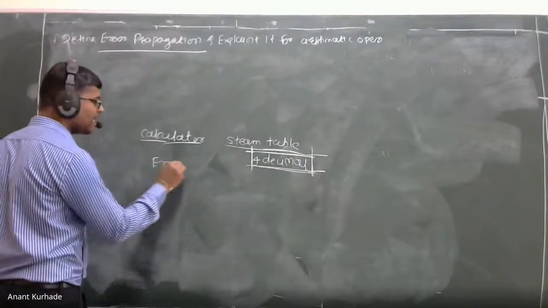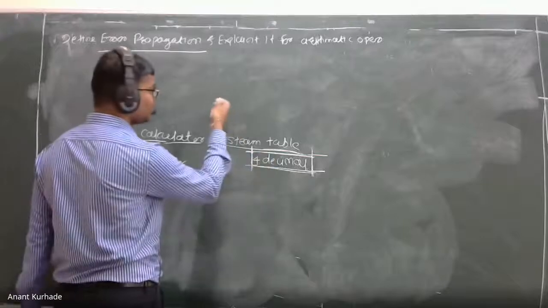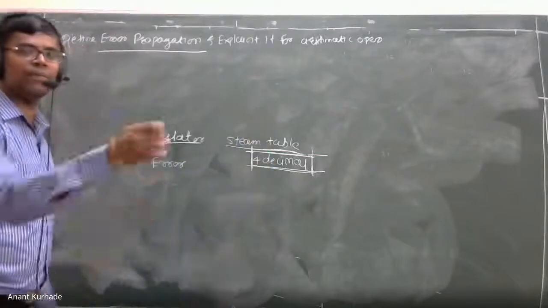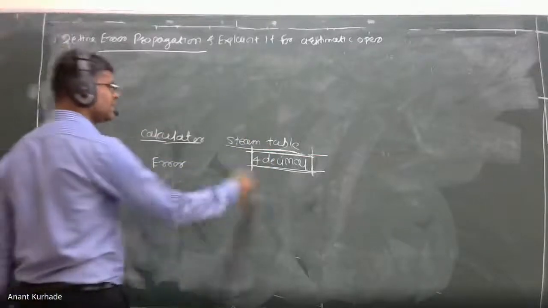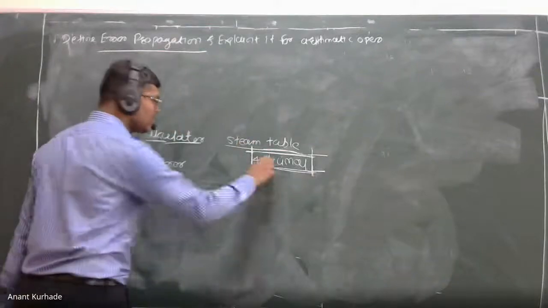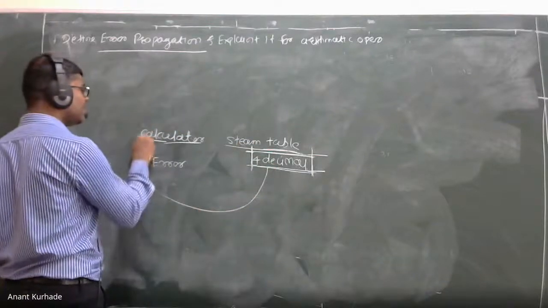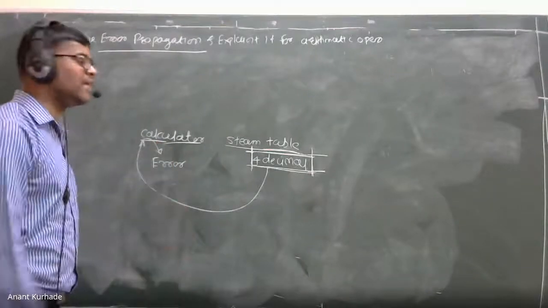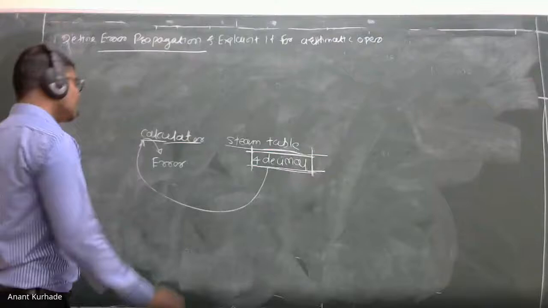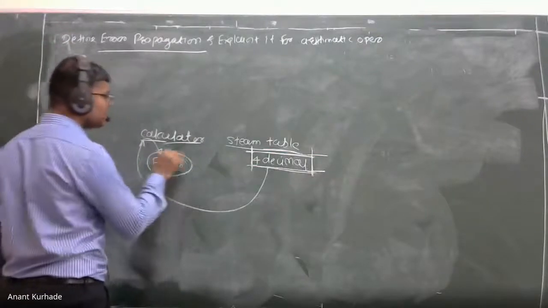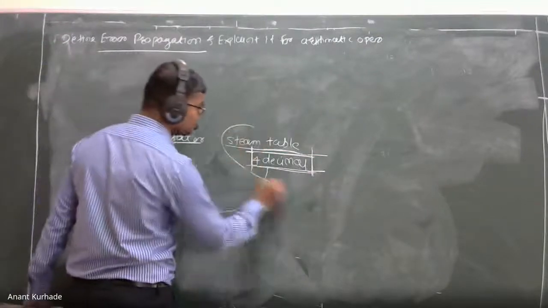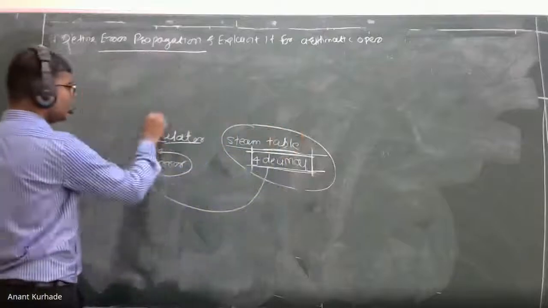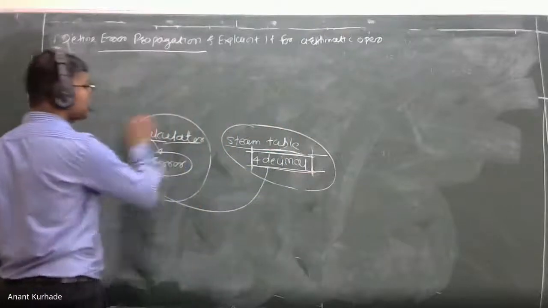The problem is already given, and we solve it using values from the steam table, which already have error, and on the calculator fixed to 4, 5, 6 decimal places. Again, it is one type of error.